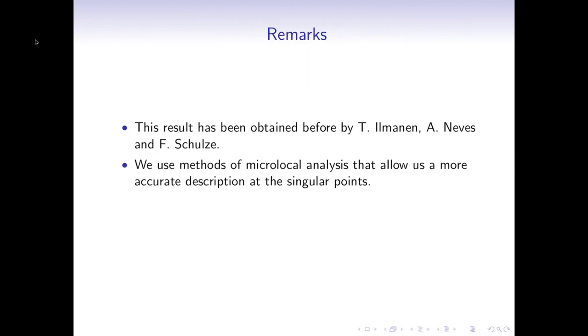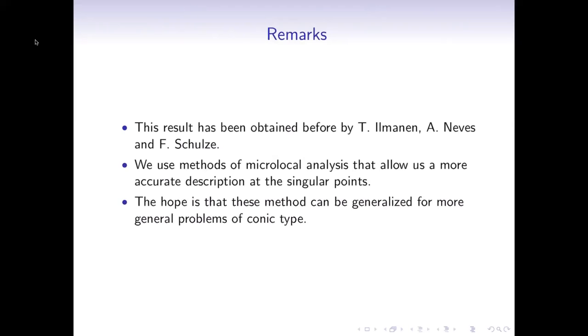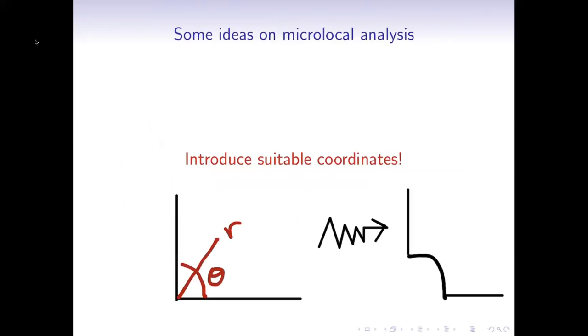And I see that I have only 8 minutes, so let me try to briefly describe how the proof goes and what methods we're using. Okay, so the basic idea of micro-local analysis is to introduce coordinates that allow you to understand the singularity better. If you're not familiar with these ideas, you can think about polar coordinates, which everyone knows.